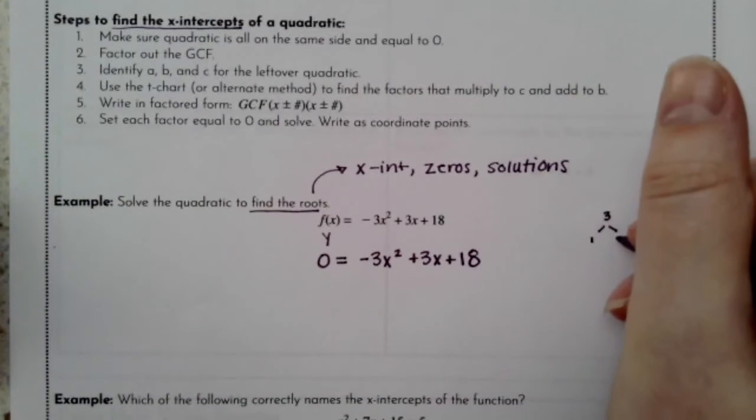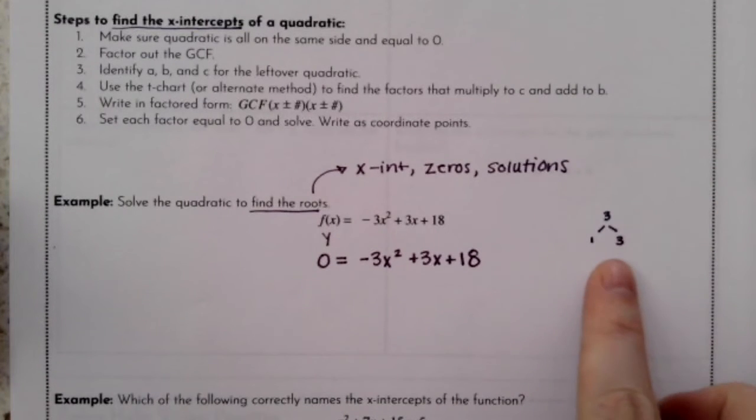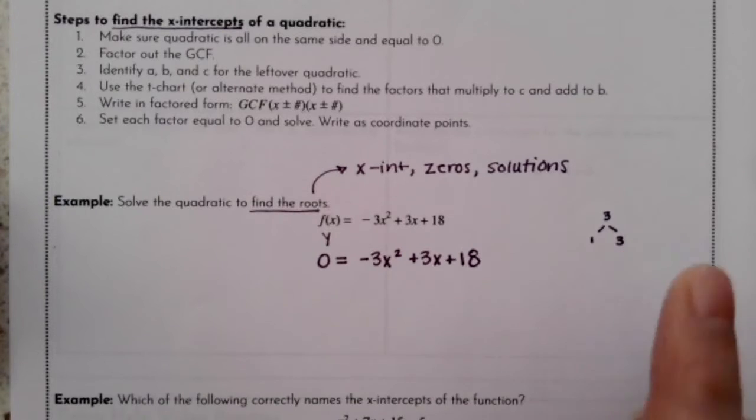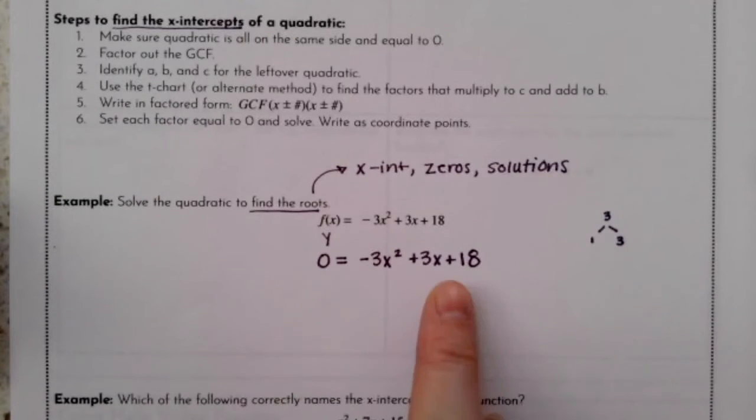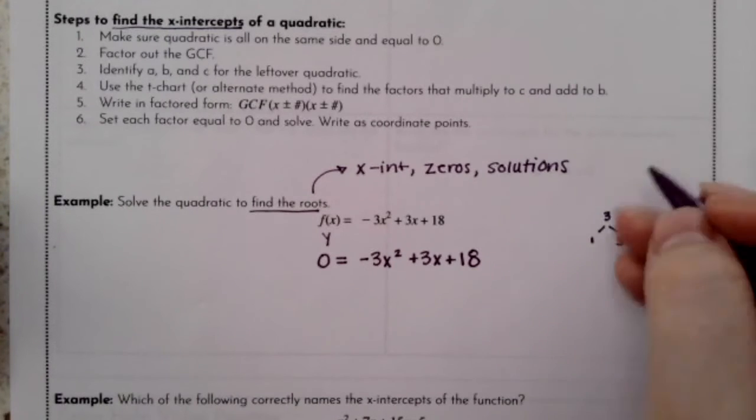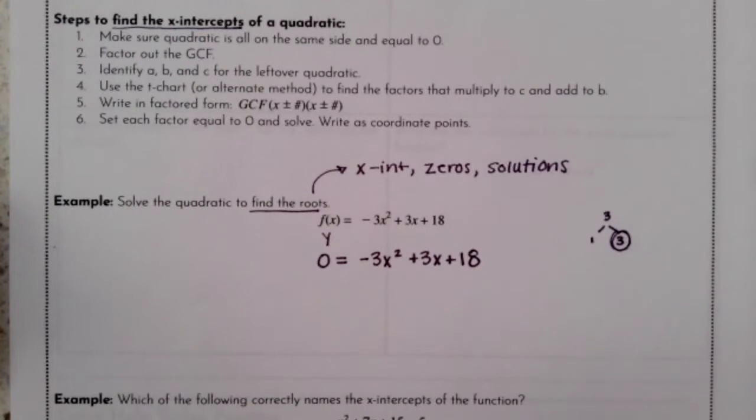And so 3 only has factors of 1 and 3, so I just want to check to see if everything can be divided by 3. 3 divided by 3 works, 3 divided by 3 works, 18 divided by 3 works. So this is my GCF.